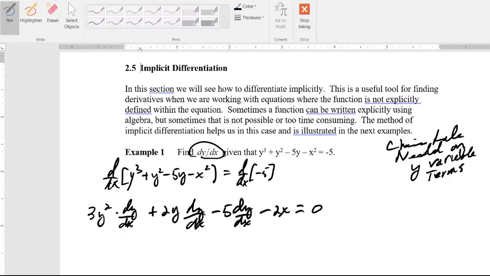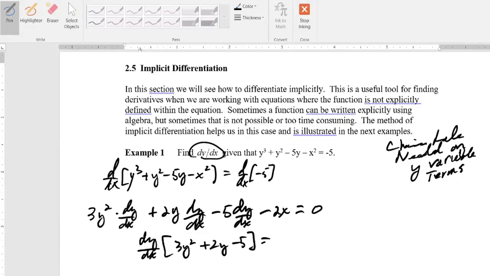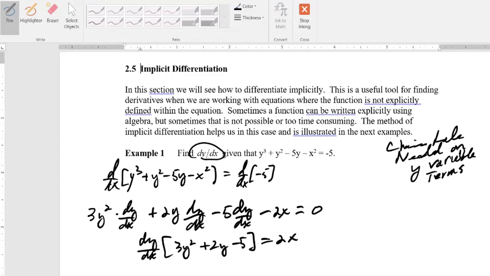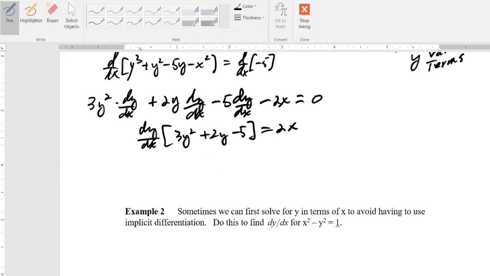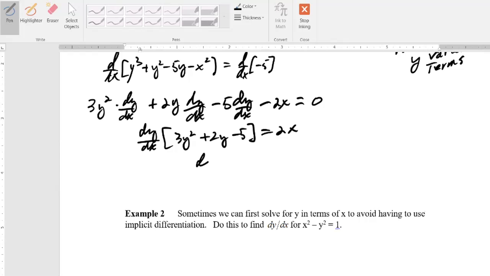So now the key here is in solving this for dy dx. So you'll factor out the dy dx. Sometimes a little algebra is needed. Put that 2x on the right-hand side. And then I have one more step.